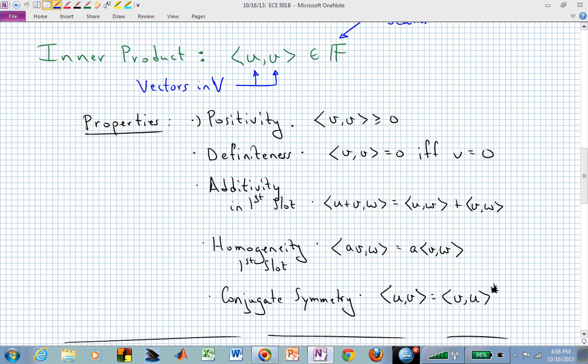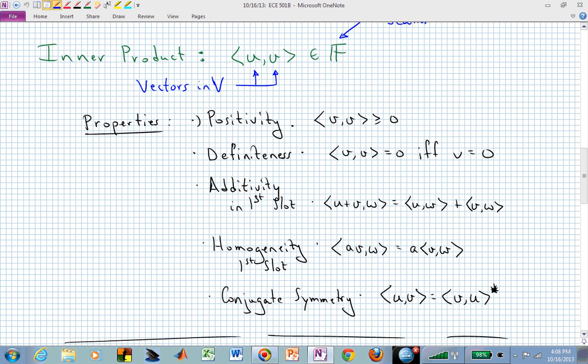Additivity in the first slot, and we'll be using these today as we move through some of these theorems and corollaries. Additivity in the first slot, that seems fairly straightforward. We just pull out the two first slot pieces and take their respective inner products. Homogeneity in the first slot, that A slides across or slides out of the inner product.